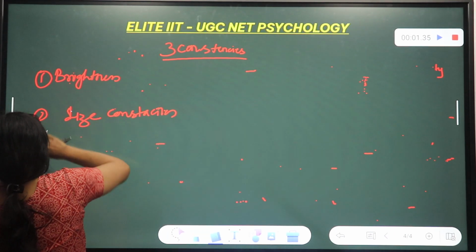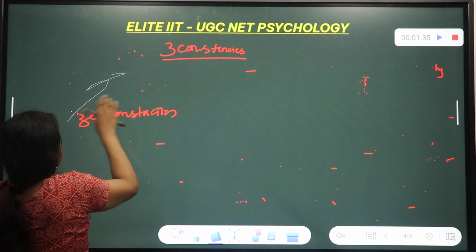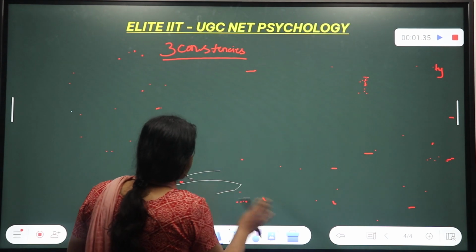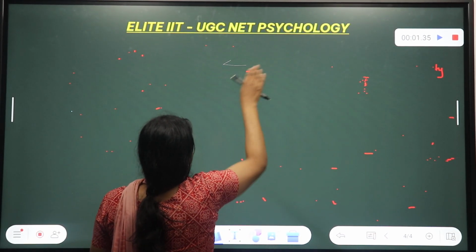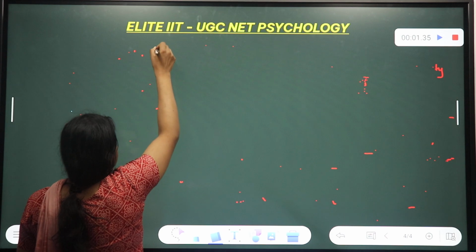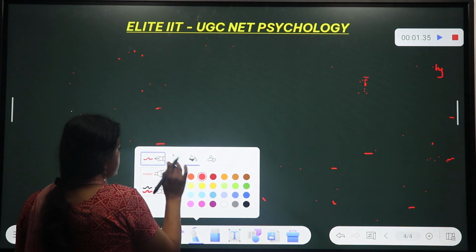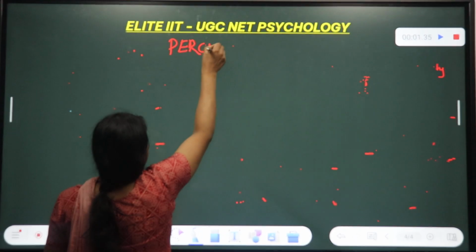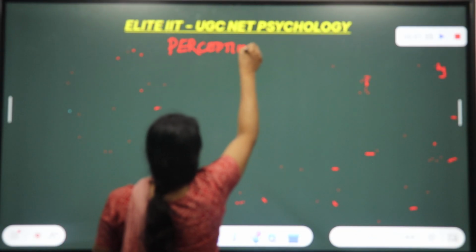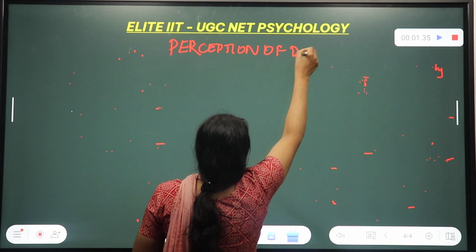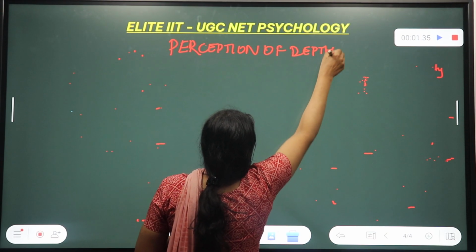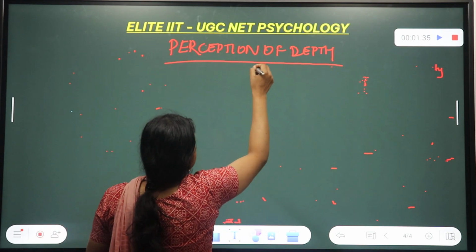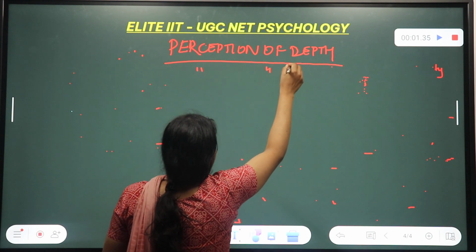Now, basically our perception of depth consists of two important cues. Cues are the signals which we get. So, there is perception of depth, or we also call it perception of distance.